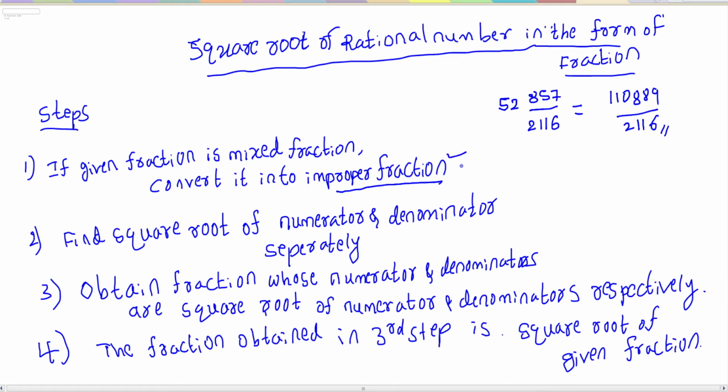Means what is an improper fraction? The numerator is greater than the denominator. Okay, such a fraction is called improper fraction. So we actually want the square root of this one. This is the first step.